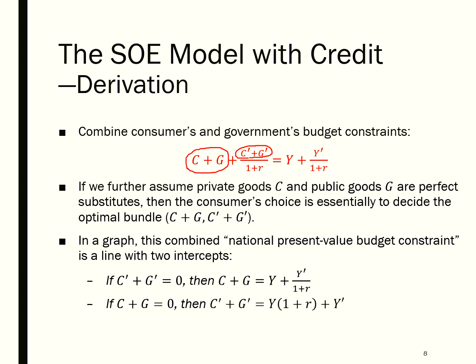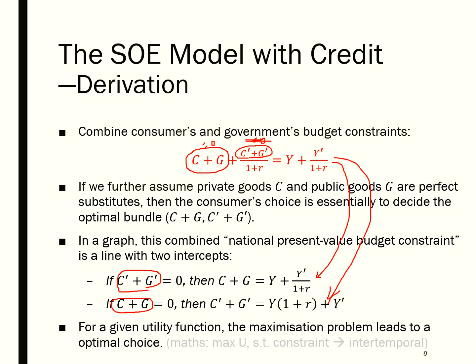If a specific utility function for the consumer is given to you, you will be able to solve the optimal choice for this consumer, or for this nation, basically by taking partial derivatives with respect to the endogenous variables C and C prime. The resulting optimality condition is actually the intertemporal condition of the dynamic model.